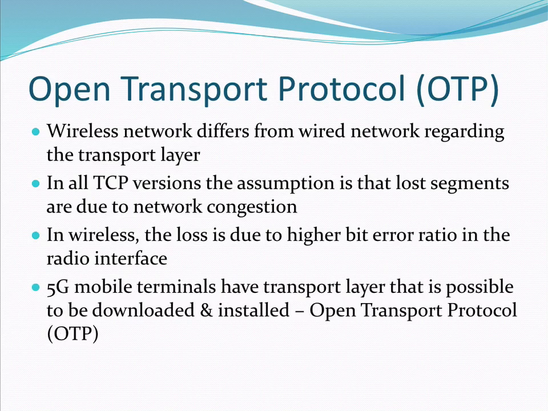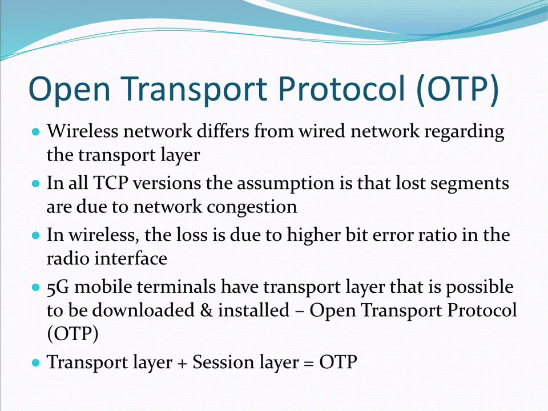Whereas in 5G, mobile terminals have a transport layer that can possibly be downloaded and installed, and open transport protocol means like the complete software will get downloaded on your mobile over the air, also said as OTA, and it will get installed without any error. Now the combination of transport layer and session layer is open transport protocol.